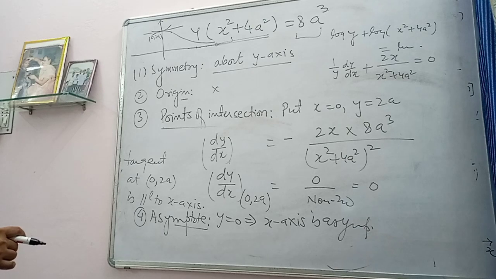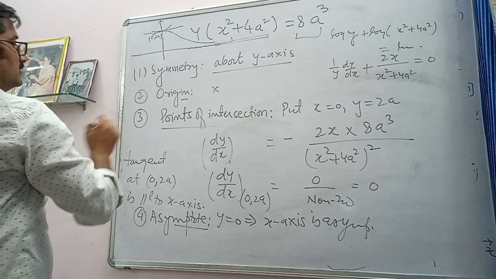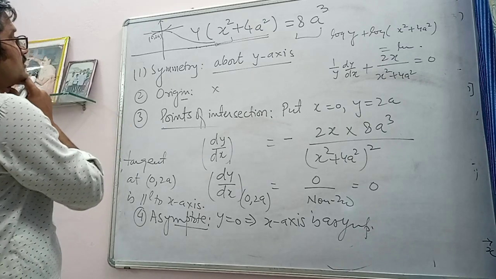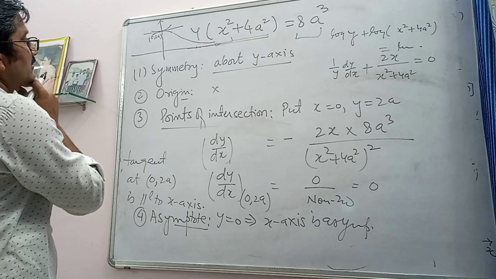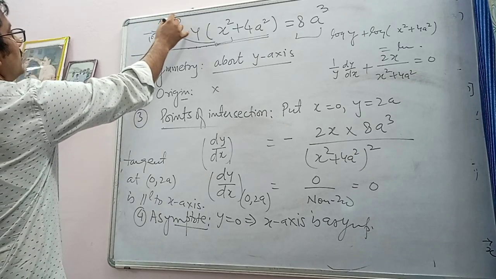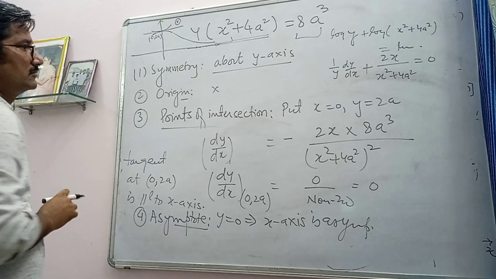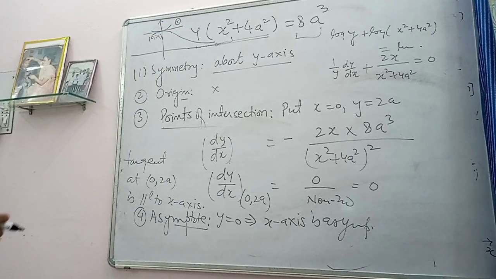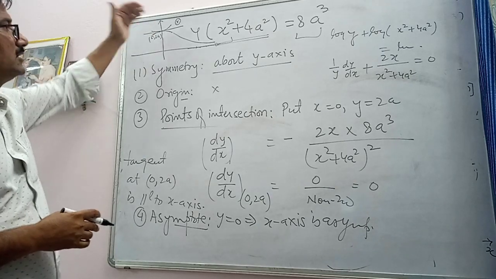Next idea is, suppose we have a confusion whether the curve lies above this point or not. So we have to decide whether the curve lies above this one or not.